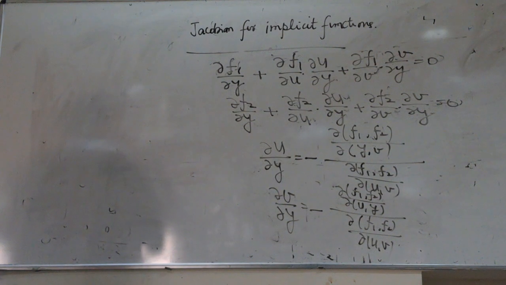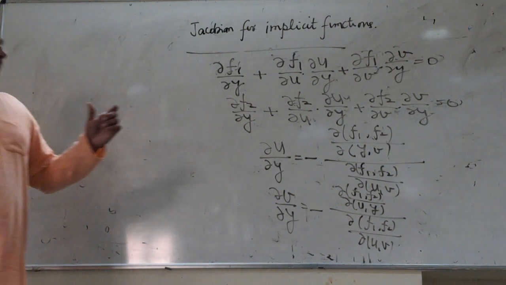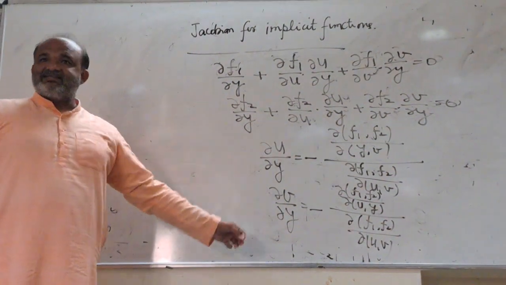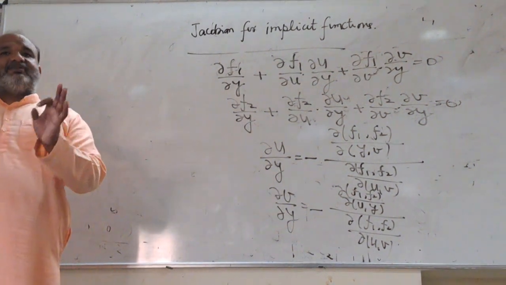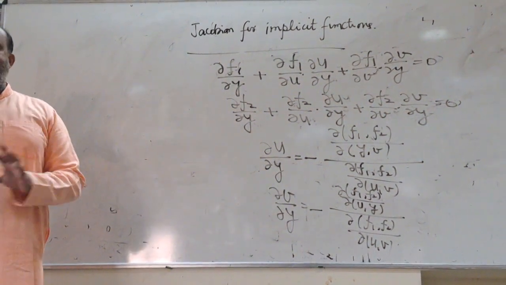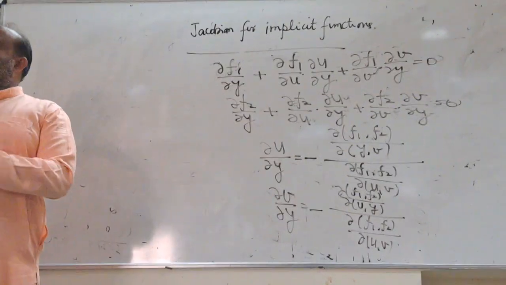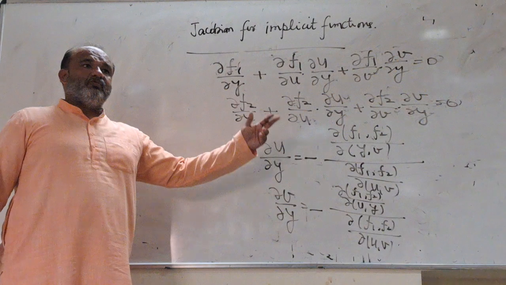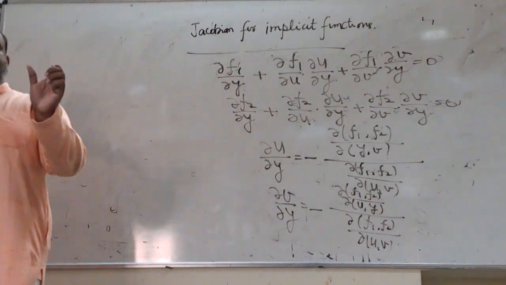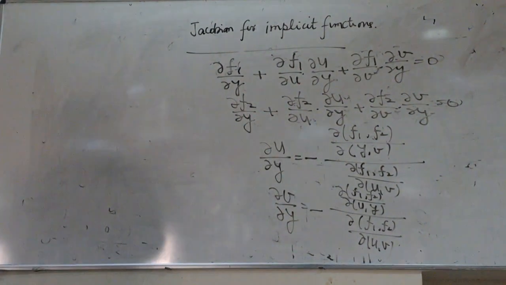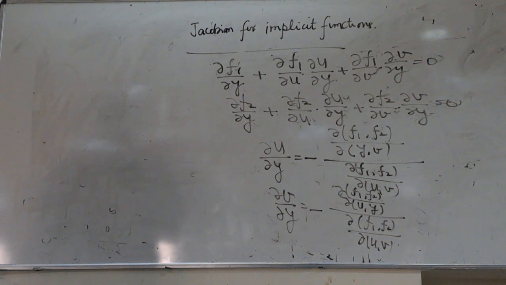If you are having the partial derivative with respect to x, then the combination of x, u and v. If you are having partial derivative with respect to y, there will be the combination of u, v and y. First with respect to y and v, and then with respect to u and y. Right? Is it okay? Fine?